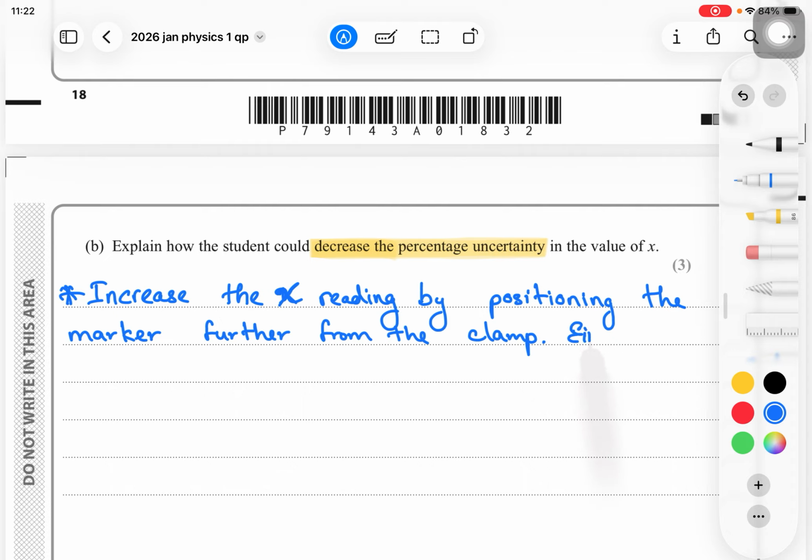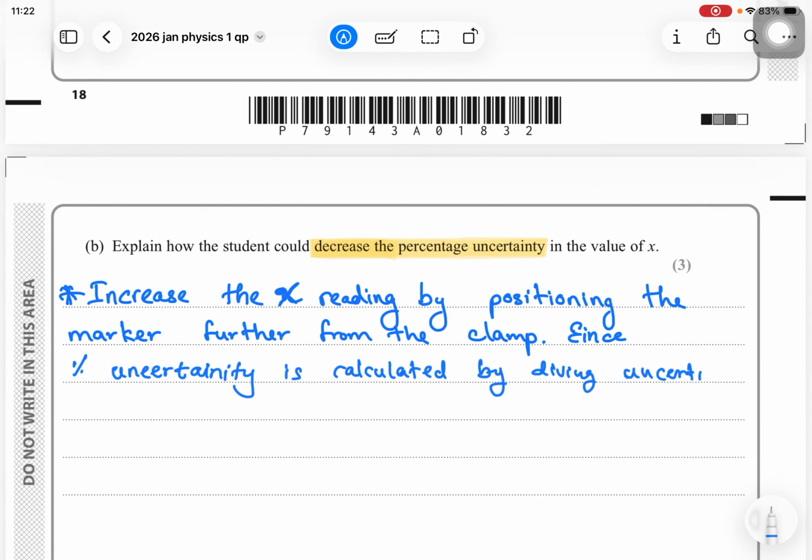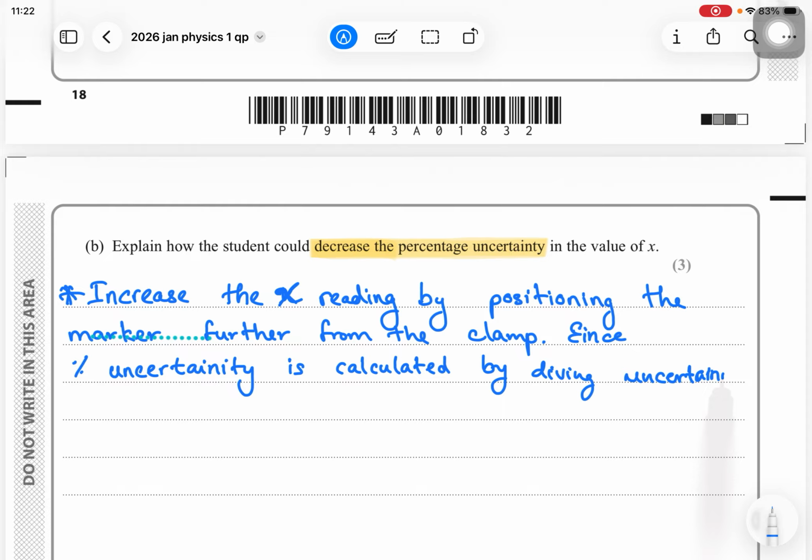Since percentage uncertainty is calculated by dividing the uncertainty by x, a larger x makes it small. So this is the reasoning.